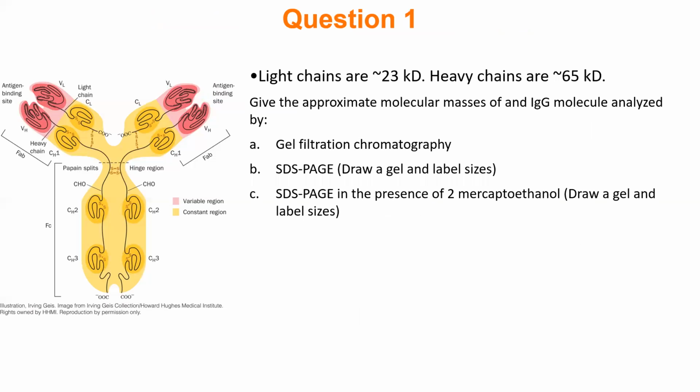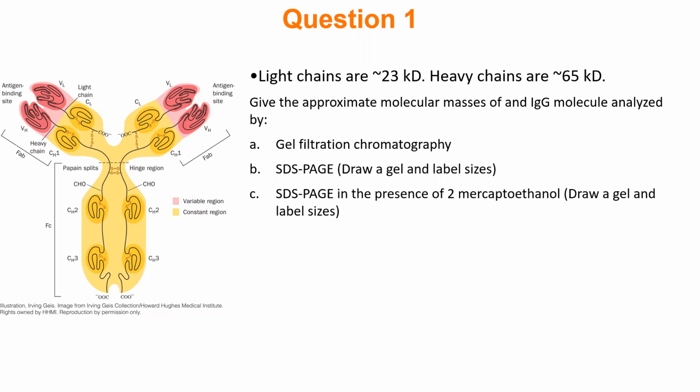So let's get some biochemistry here, using that image on the left. I'm telling you that light chains are 23 kilodaltons, heavy chains are 65 kilodaltons. And remember, a kilodalton is just a unit of weight we use for biochemistry and chemistry. If I do an experiment with gel filtration, what would be the mass of my IgG?